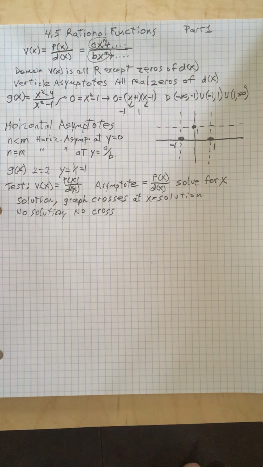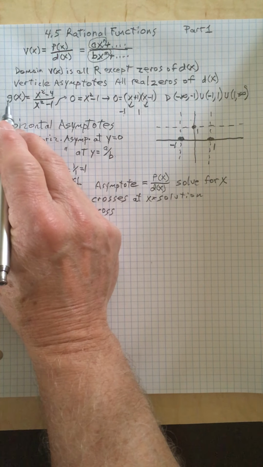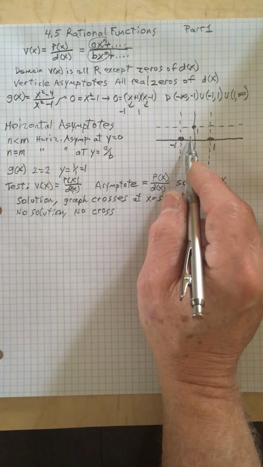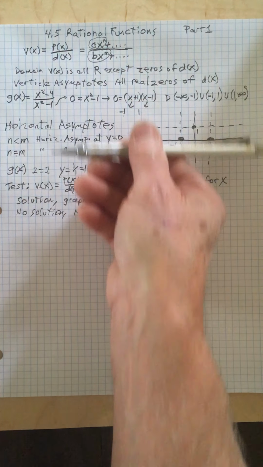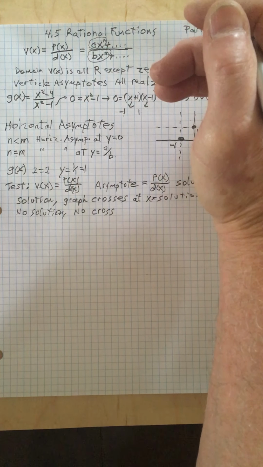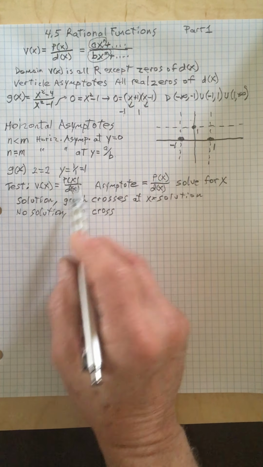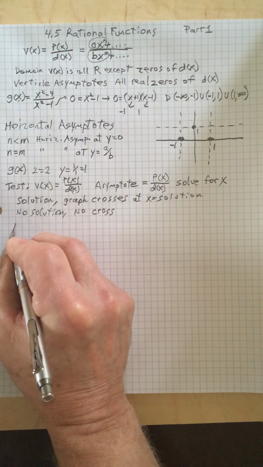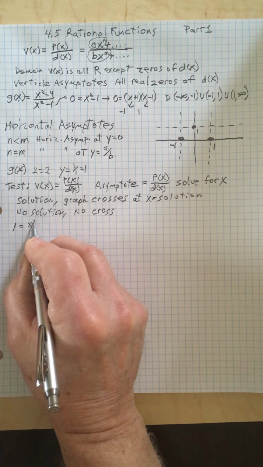Okay, so let's try ours real quick. For us, we had g of x equals this. We discovered that we have an asymptote at, and remember, g of x is really the y axis, right? That's the value of the function. So we're saying for ours, y equals 1, that would be like g of x equals 1. So put 1 in for g of x, and then solve this for x.